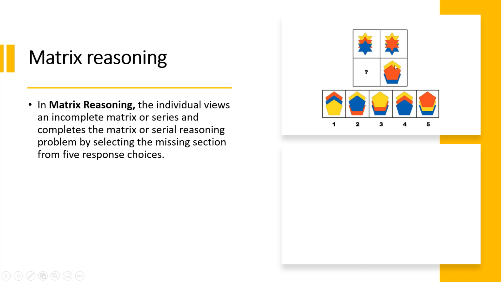Now in this, the same pattern, the middle figure has superimposed the first and the last figure. So by reasoning this type of pattern, to me it appears that serial number 4 will be the correct answer. Why? Because the pattern is that the first figure is superimposing the two figures, the second figure, and the second figure is superimposing the first figure.